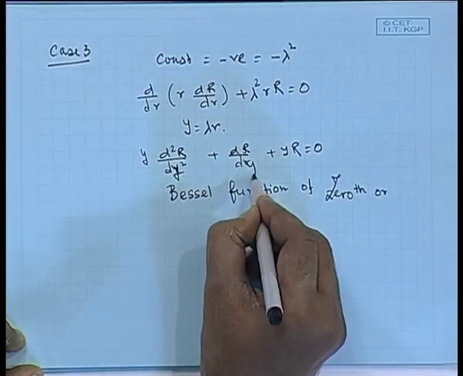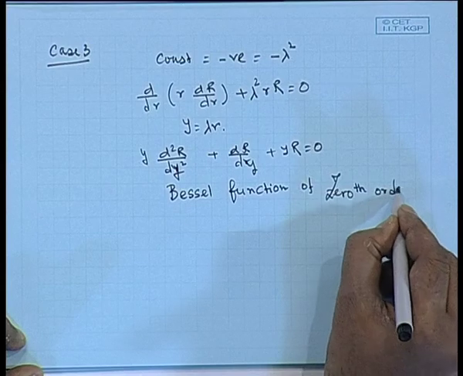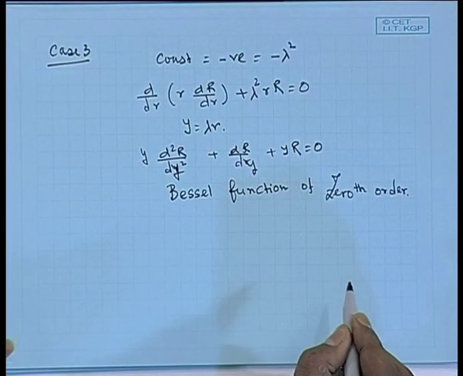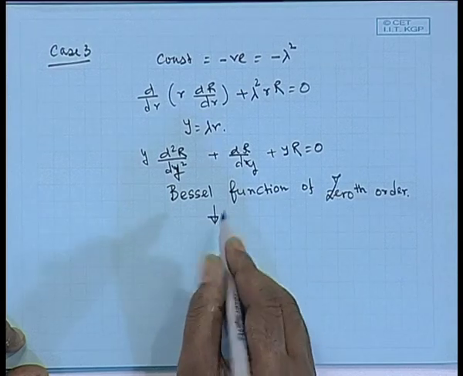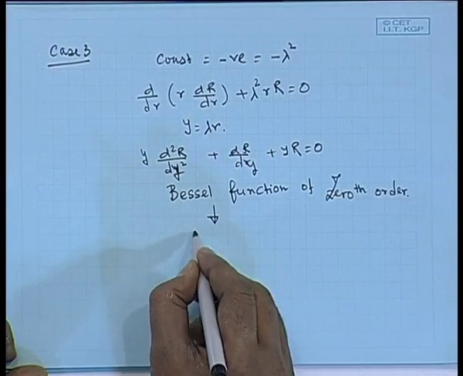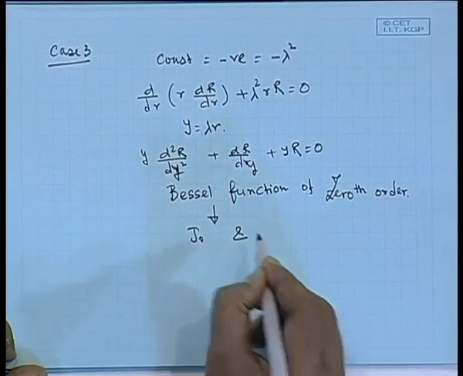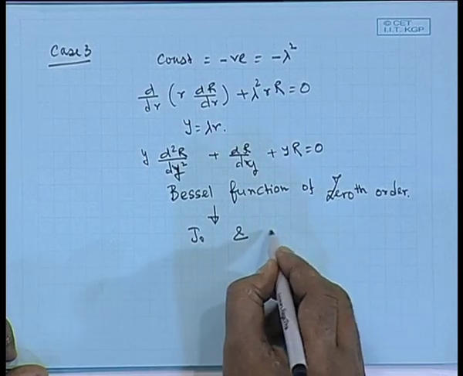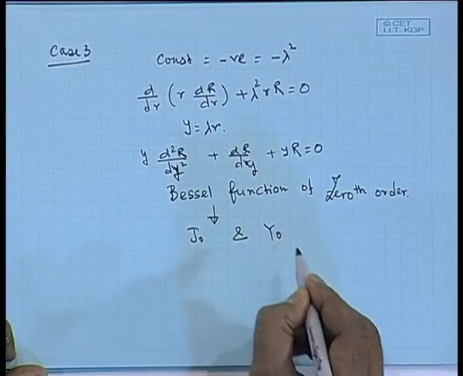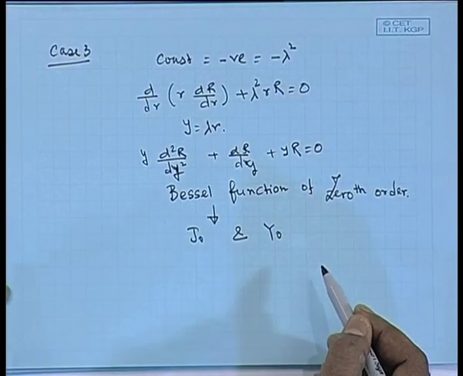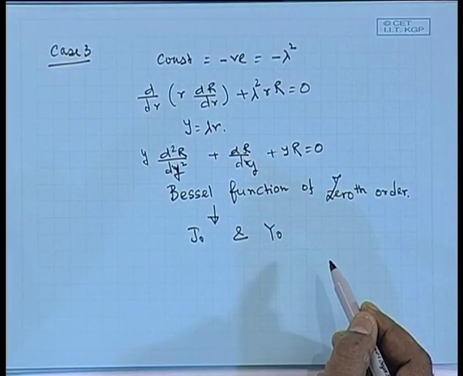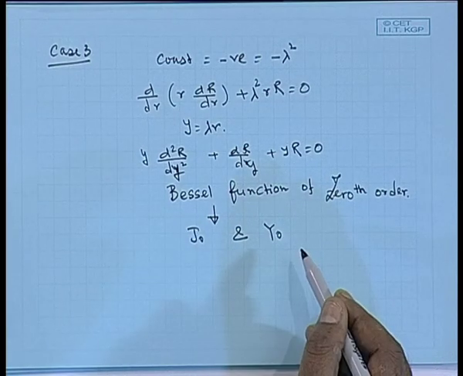Right, correct. Of zeroth order, this is the zeroth order Bessel function. This constitutes the solution of the Bessel function, the zeroth order Bessel functions J0 and Y0. If this is minus, it is constituted by the Bessel functions I0 and K0; in this case, J0 and Y0.